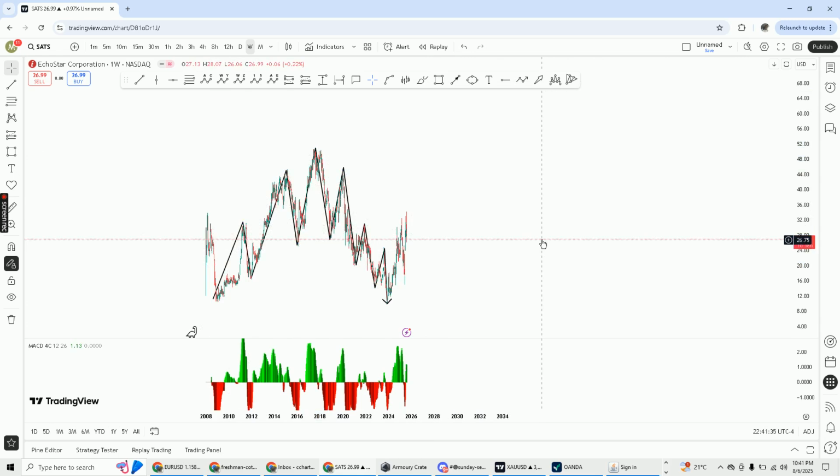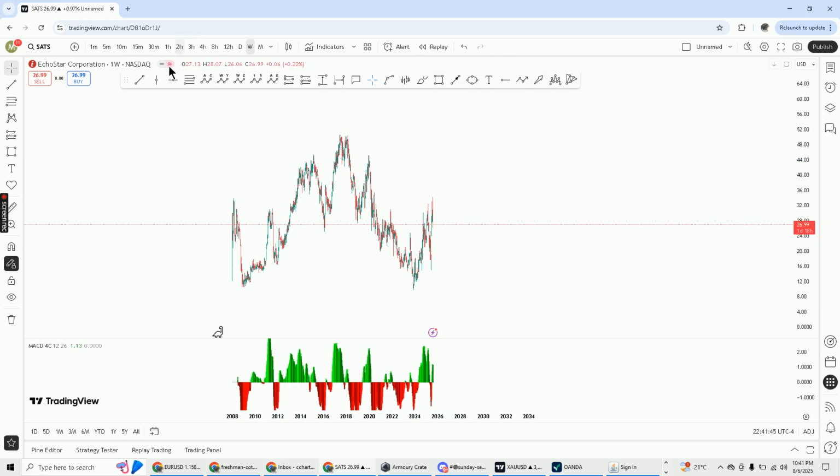Okay. Now to draw a trend line in an uptrend, this is how you do it here. I'm going to delete this and put this here like this. So you want to connect the lows, the last two, okay?